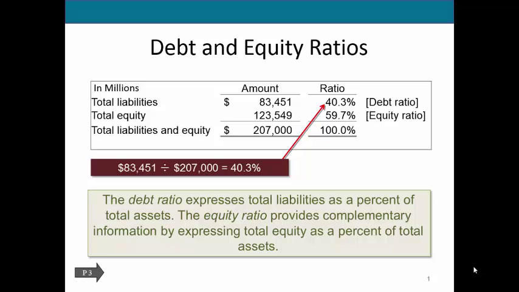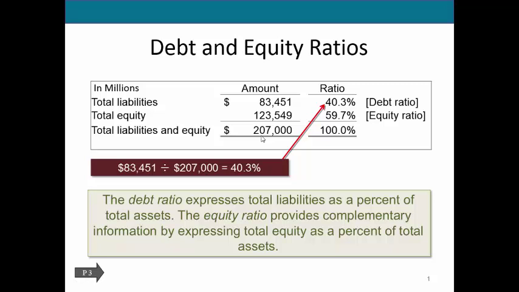So to calculate your debt ratio, you take your total liabilities or your debt and divide that by total assets. On the other hand, if you want to calculate your equity ratio, take your total equity and divide that by total assets. I want to note, just in case you've forgotten how to do this, here we're not necessarily given the amount of total assets.